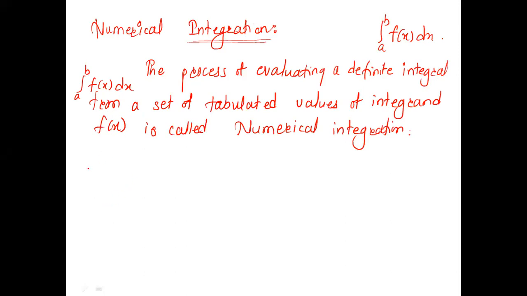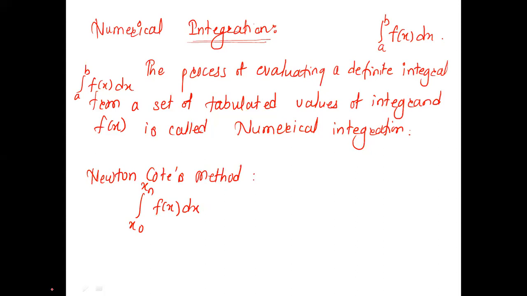So in that, the very first method is Newton-Cotes method of numerical integration. Here we have to find, suppose, the integration from x naught to xn of f of x dx.